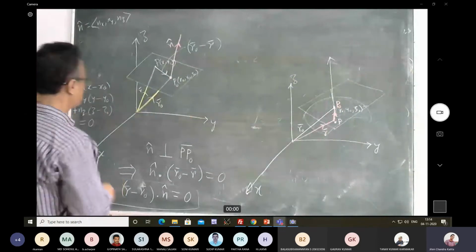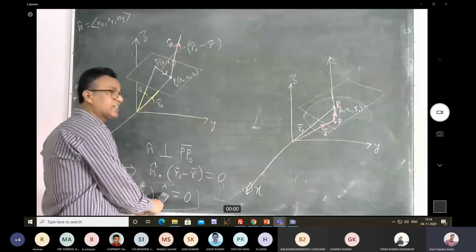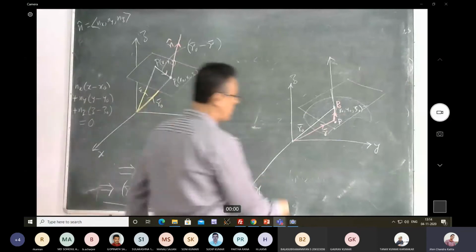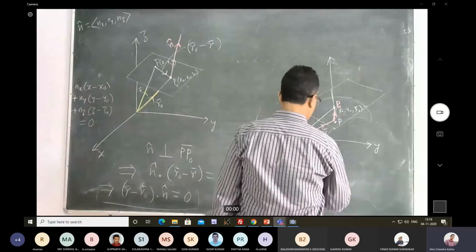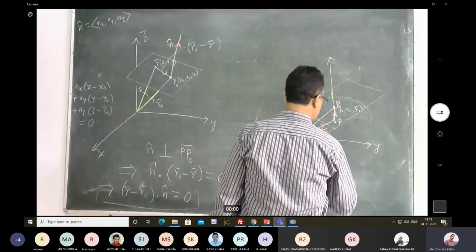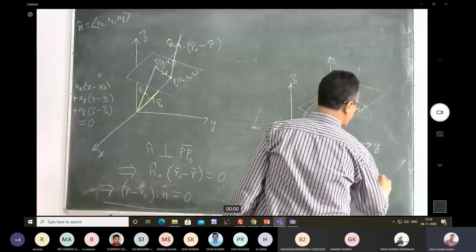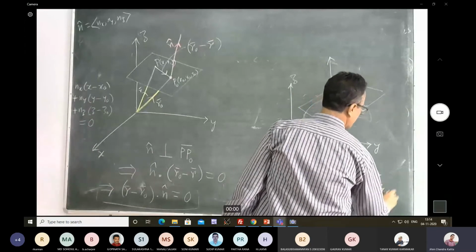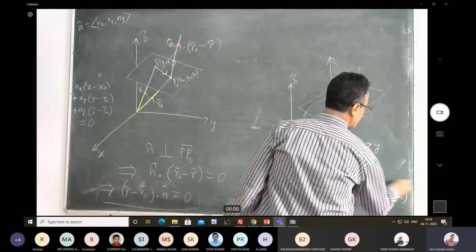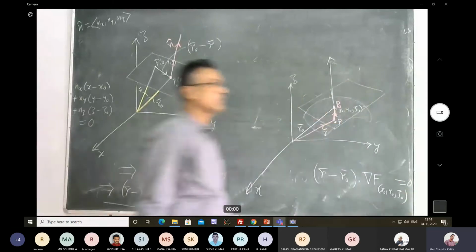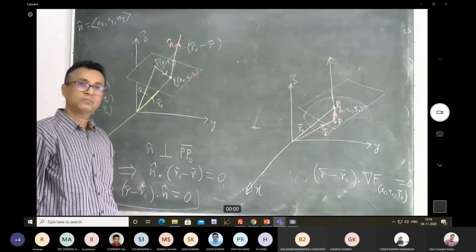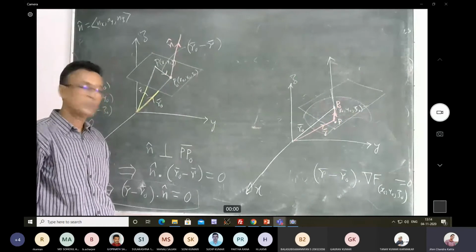If you use the same approach here, the only thing is that instead of n cap, I am simply going to use grad f at the point x naught, y naught, z naught, dotted with R minus R naught, equal to 0. Is it okay with everybody? Right?